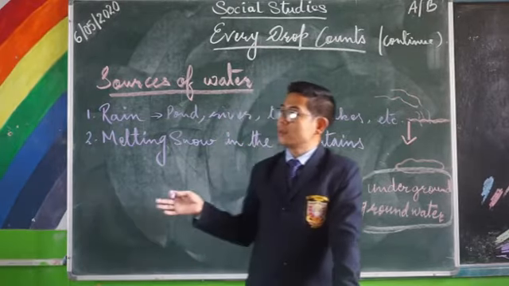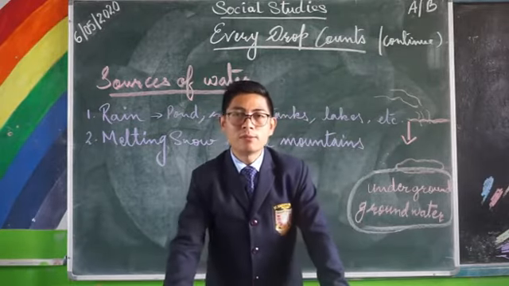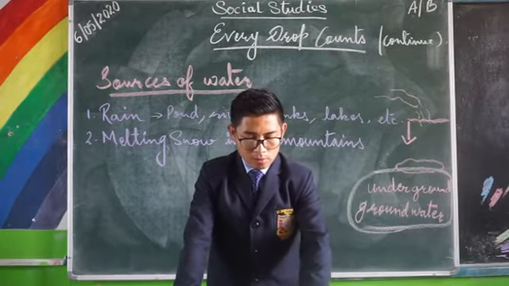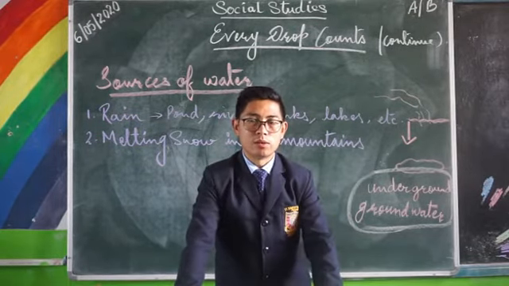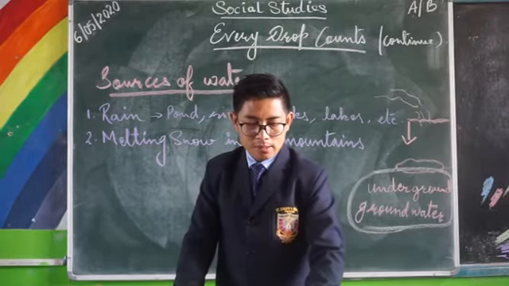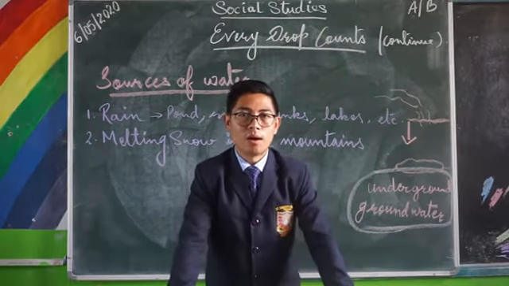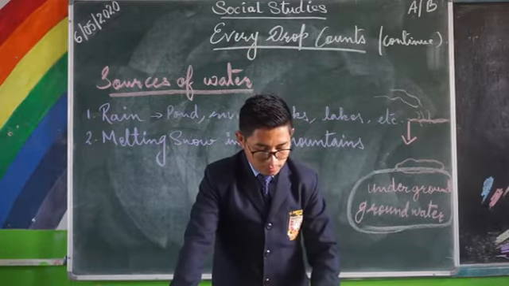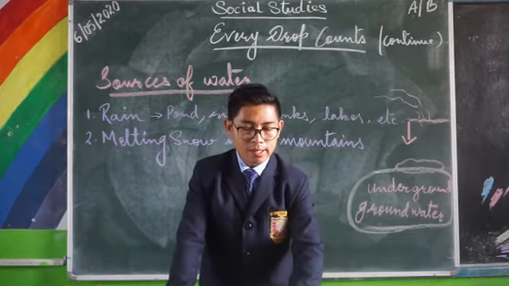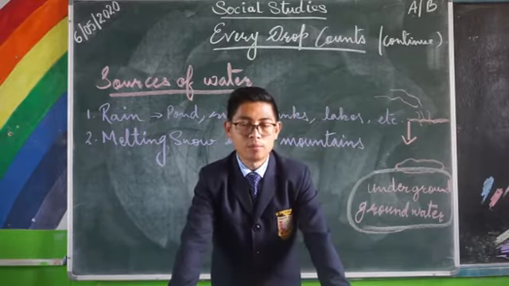When you throw garbage and wastes in the river, it makes the water unfit for drinking and also causes some waterborne diseases. Waterborne diseases means we get different kinds of disease if we drink that polluted water. Thus, water needs to be purified before drinking, otherwise you will get many diseases if you drink polluted water.